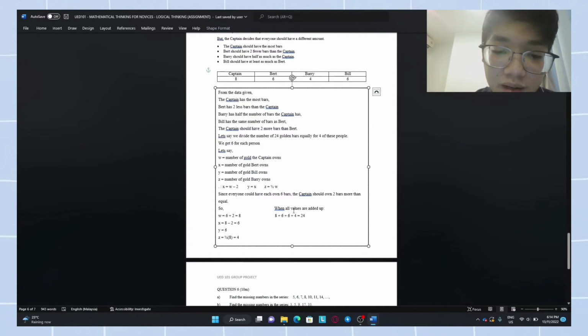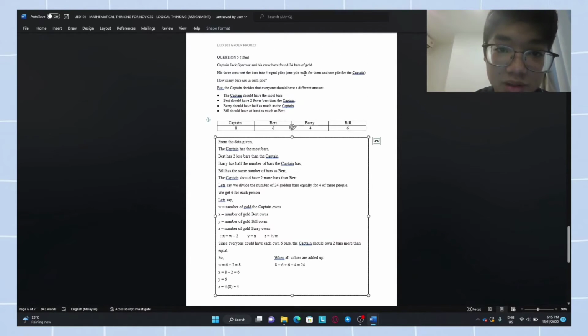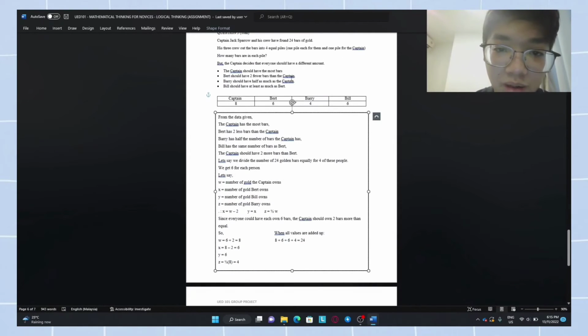So 8, the number of golden bars the captain has, plus 6, the number of golden bars Bert owns, plus 6 again, the number of gold Bill owns, and lastly 4, the number of gold Barry owns. When we add all of these, we will get 34. This is to prove that the number of bars gathered will be 24 and has been divided among 4 people but with different amounts.